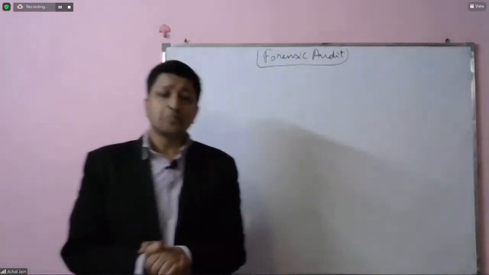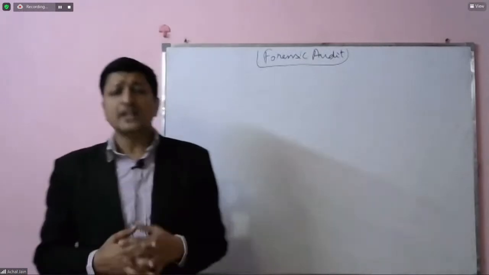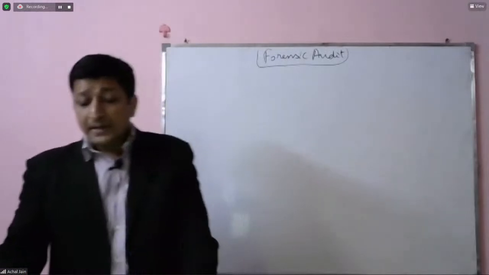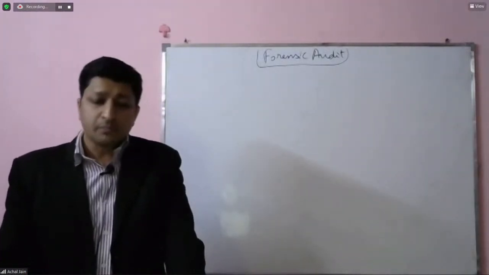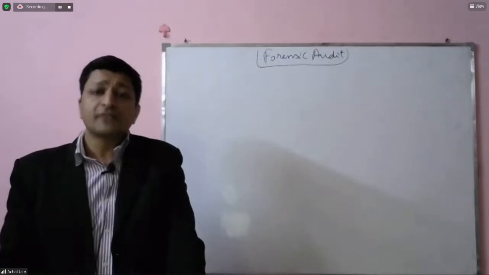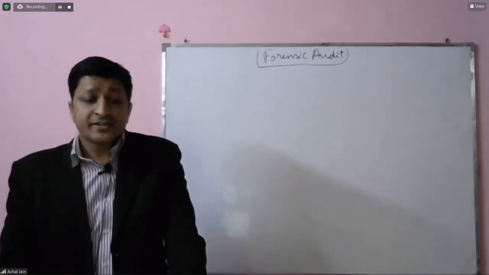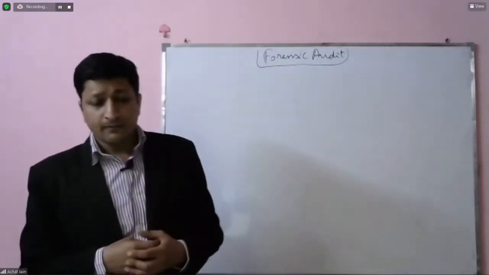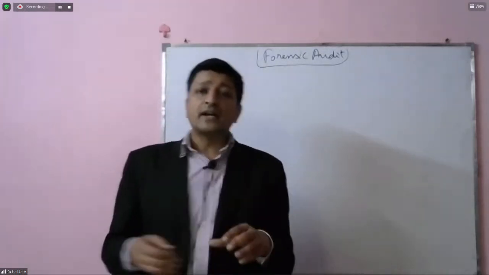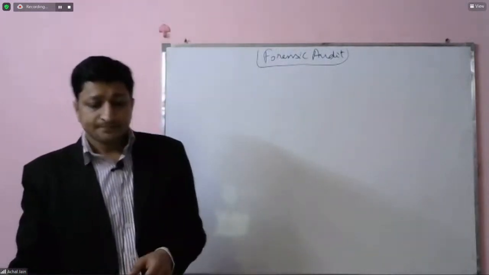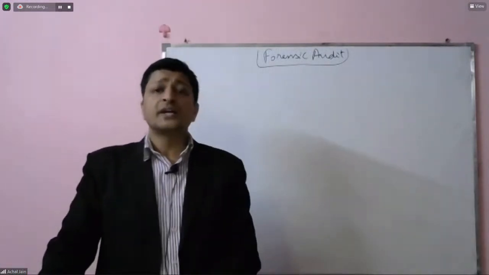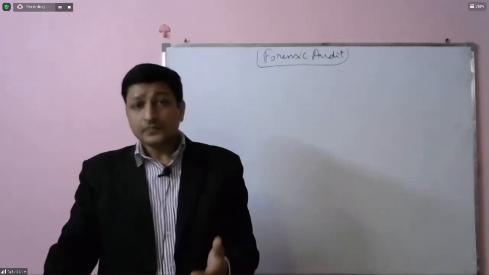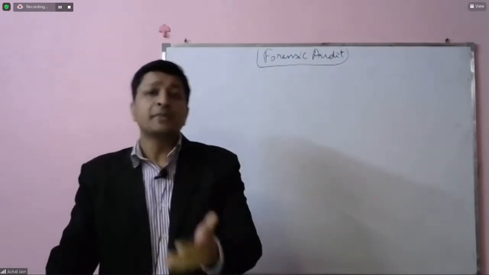Next is fraud prevention. Fraud detection is important, but at the same time, prevention of fraud is important. It's the first step he will need to get into, because fraud can be detected only when the fraud has been committed. But the situation should be created, the ideal environment should be such, that fraud gets prevented from being committed.